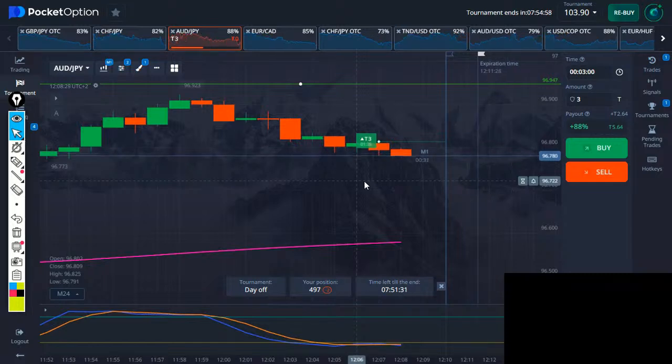One minute and a half left. Okay. We need a strong green close.